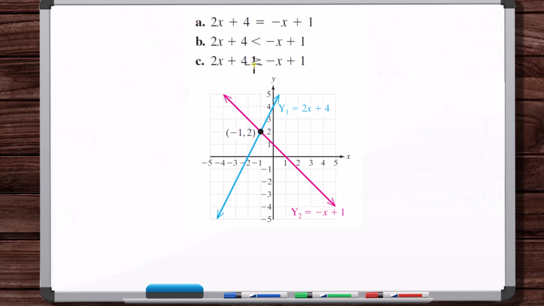And so now with these two functions plotted, we can answer any equation or inequality between these two functions graphically. So if we think about the equation first, the solution or solutions to the equation are going to be where the two graphs intersect.